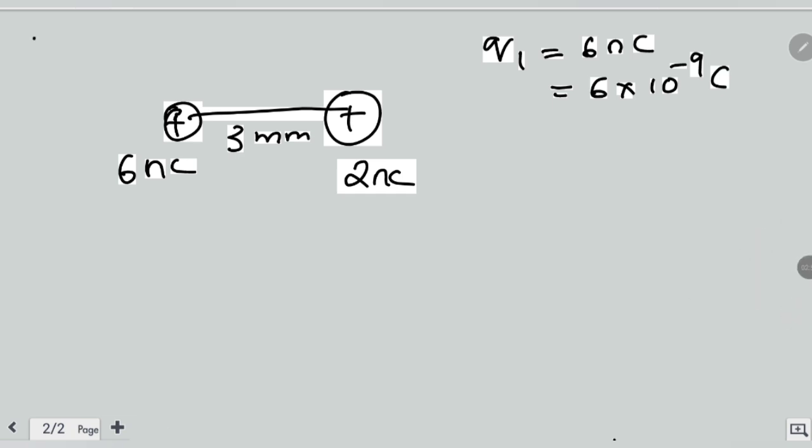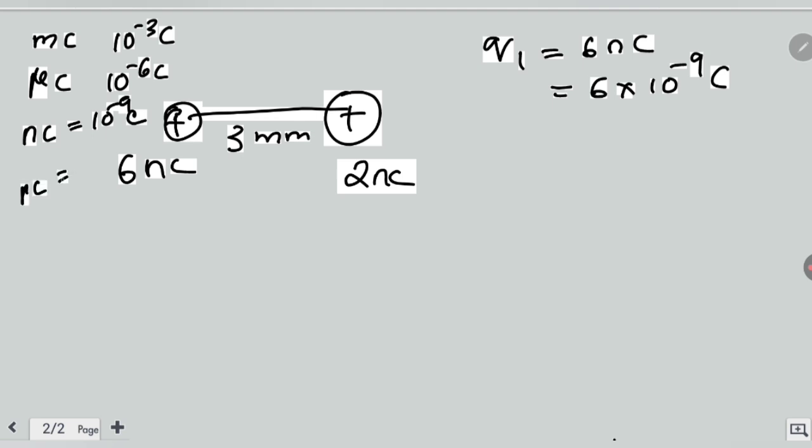If it is mC, 10 to the power of minus 3 C, microcoulomb 10 to the power of minus 6 C, nC 10 to the power of minus 9 C, and pC is 10 to the power of minus 12 C. So we have to change that first. Q2 is equal to 2 nC, which is 2 times 10 to the power of minus 9 C.